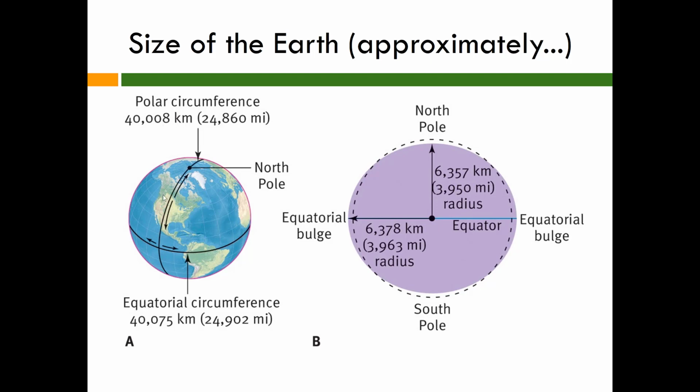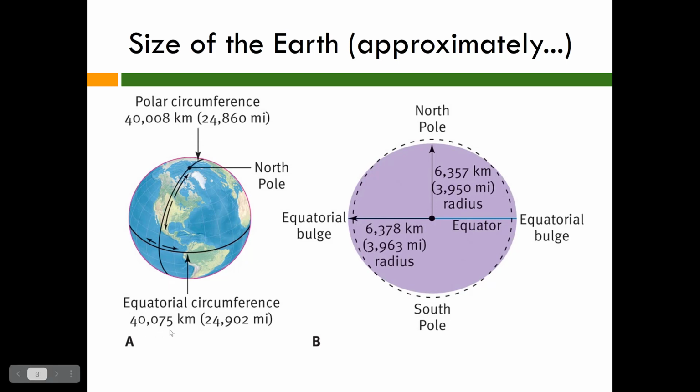The size of this ideal ball, you can see the polar circumference is different from equatorial circumference. Well, you say no big difference, right? But there is a little bit of difference.